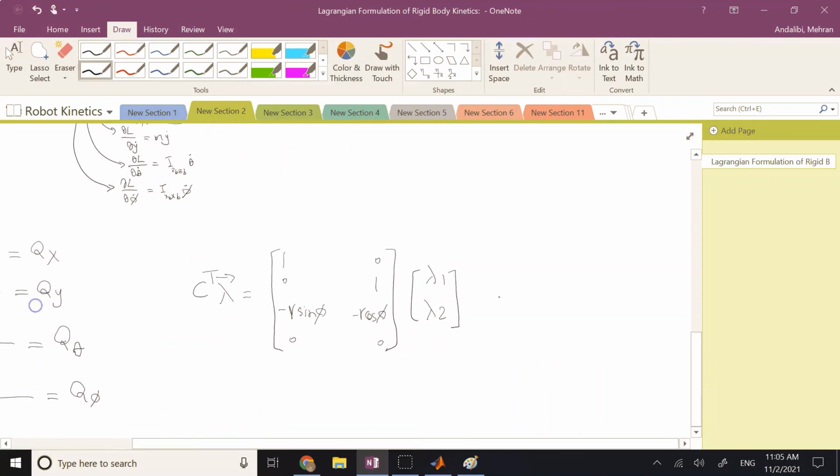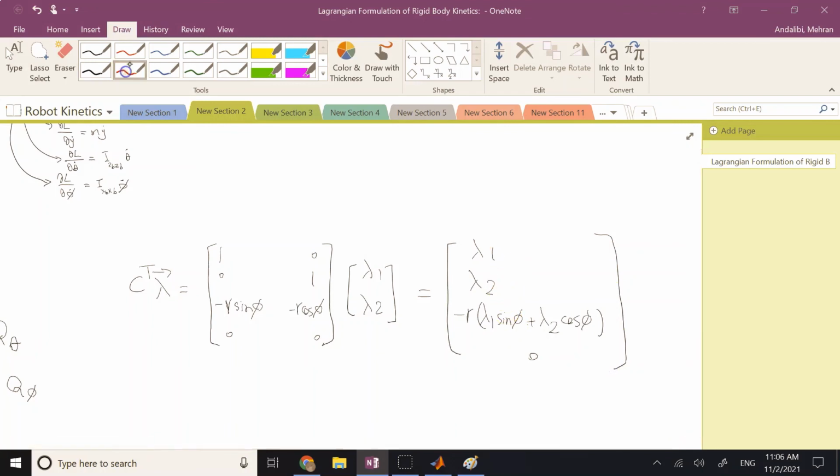Right, so when you multiply that, the result is going to be lambda 1, lambda 2, negative r times lambda 1 sine phi plus lambda 2 cosine phi, and then 0.